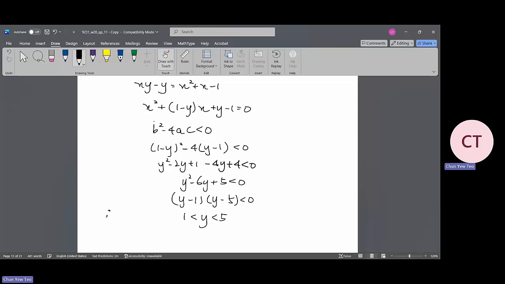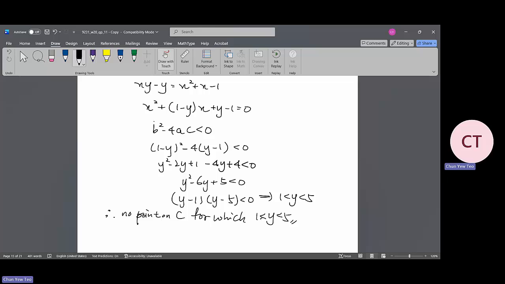So therefore, there is no point on C for which y is between 1 and 5.